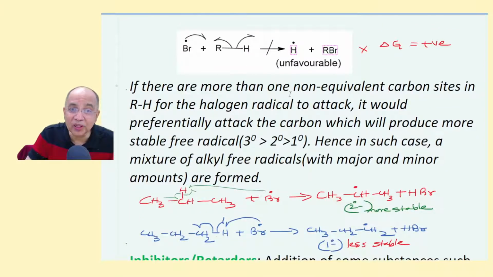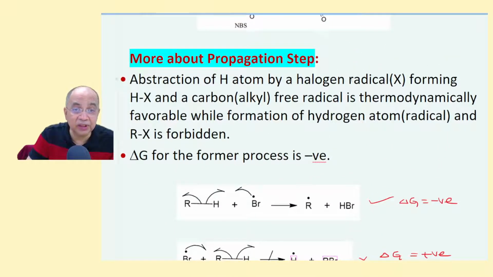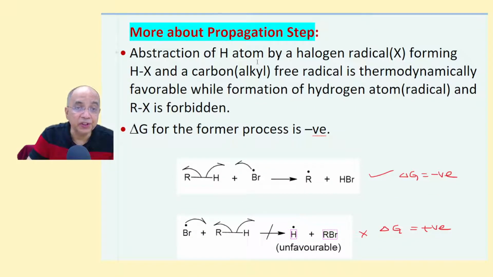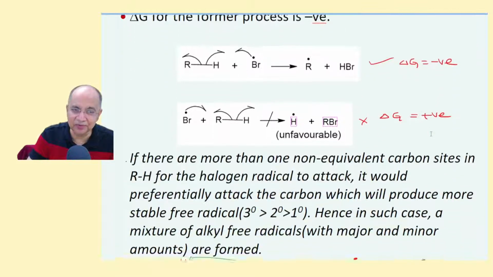If there are more than one non-equivalent carbon sites, now here I have written that abstraction of hydrogen by halogen radical forming HX and alkyl free radical is thermodynamically favorable, while formation of hydrogen atom and RX is forbidden. Delta G for the former process is negative.